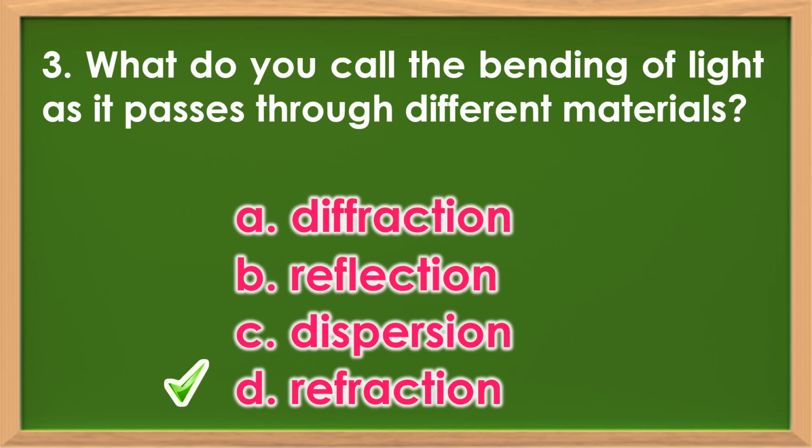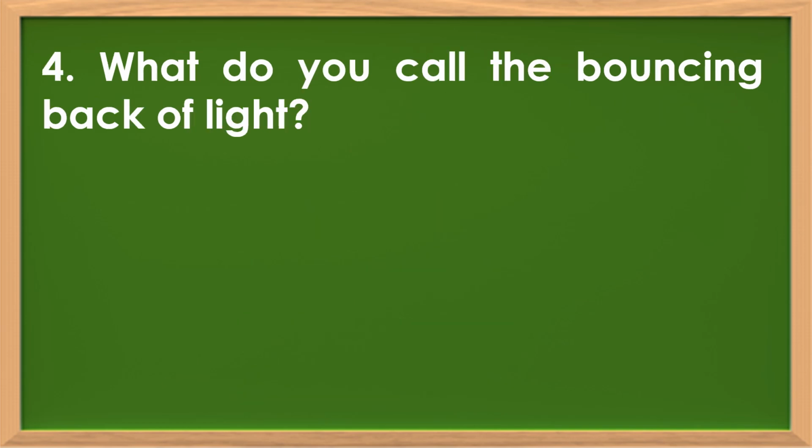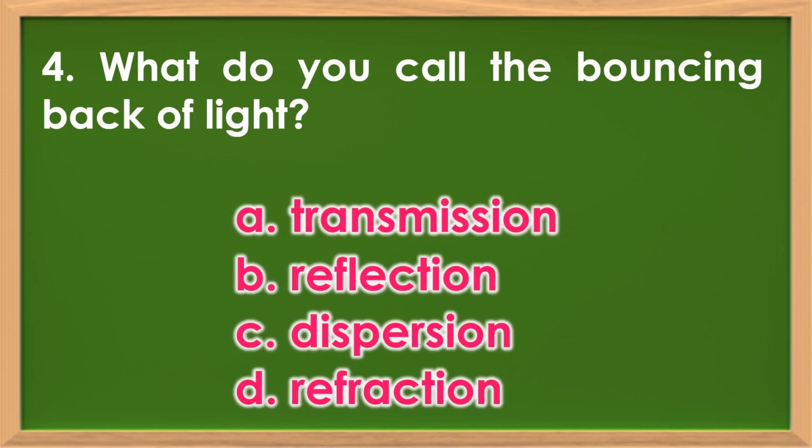The answer is letter D. Number 4. What do you call the bouncing back of light? A. Transmission, B. Reflection, C. Dispersion, D. Refraction. Very good. The answer is letter B.